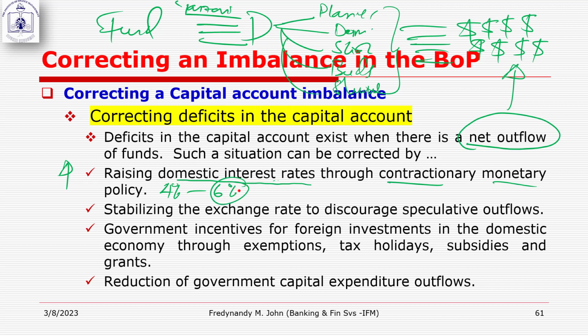It will be attractive for foreign investors to come and invest in our country simply because they will be paid more. So raising of the interest rate will attract foreign capital inflows. Foreign investors will be happy to invest in financial assets that are traded at the domestic financial market because of the interest or profit that they will realize once their investment matures.